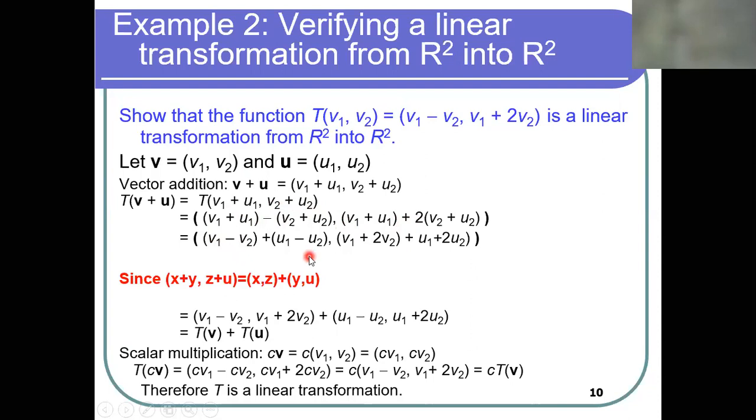So you can just rearrange: u1 minus u2 plus v1 minus v2, then u1 plus 2 times u2 plus v1 plus 2 times v2. This is one of the basic rules of coordinate addition: x comma y plus z comma u is x plus z comma y plus u. If I add these two, you will get back this.